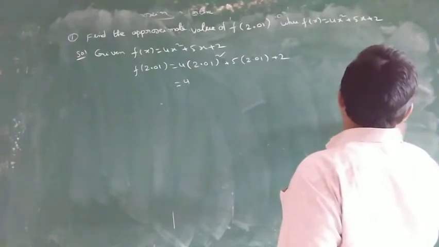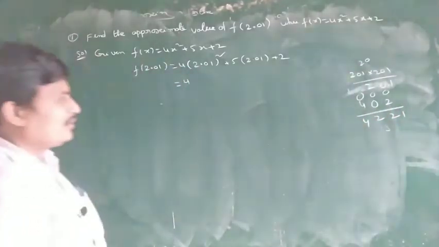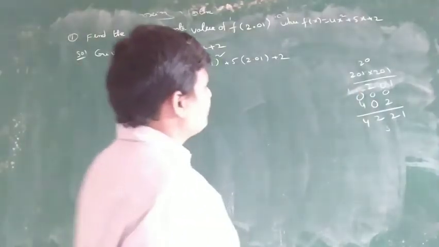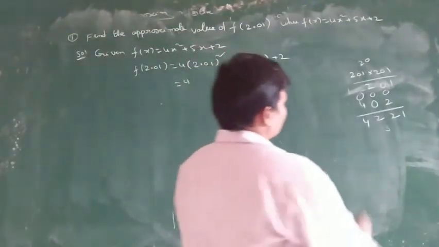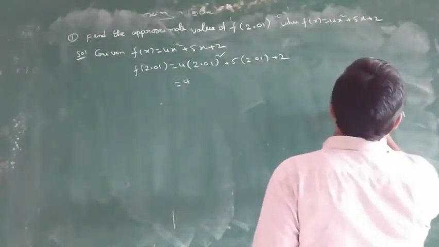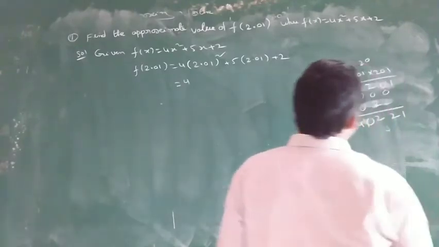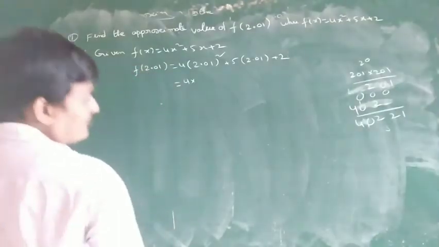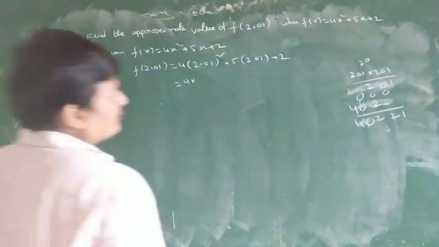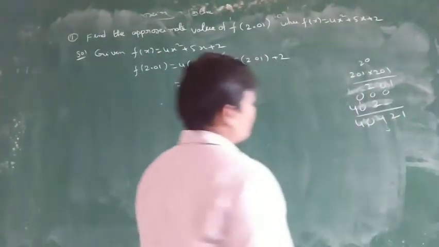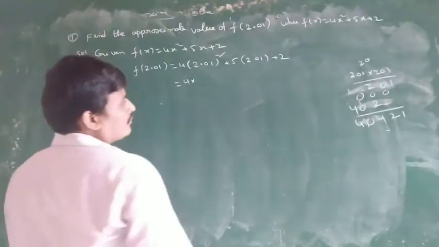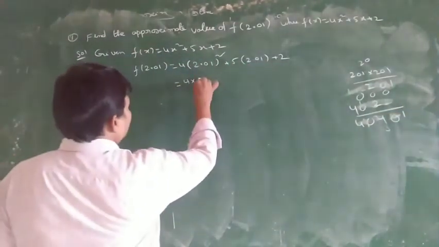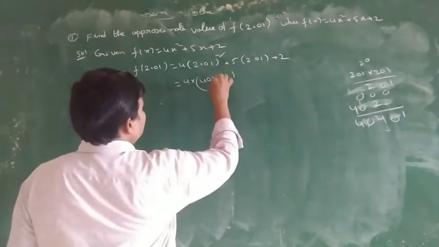So 1 2 2 4. 4021. Okay, 4 into 1s, 2 2s 4, 40. 401, 40 401.